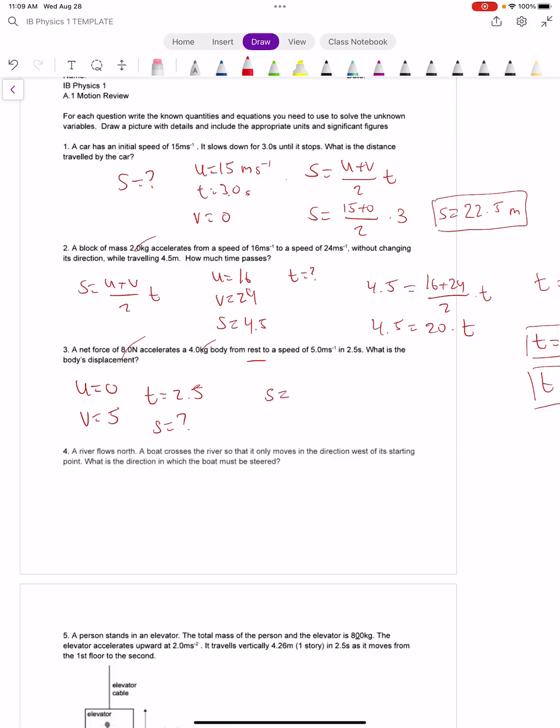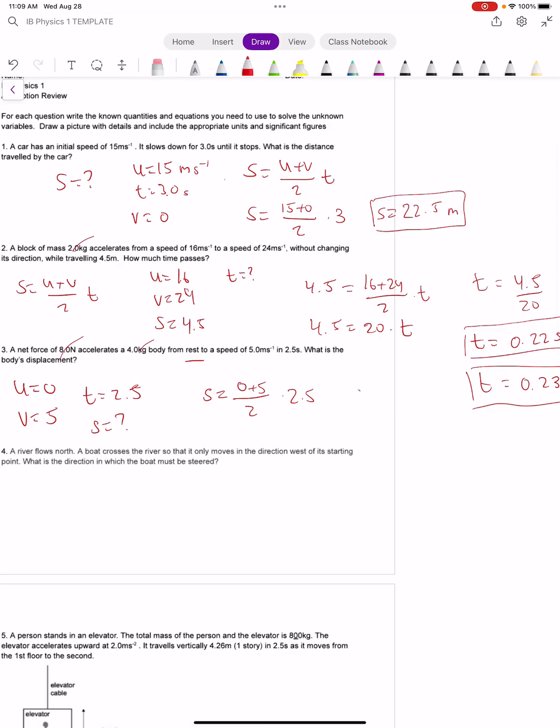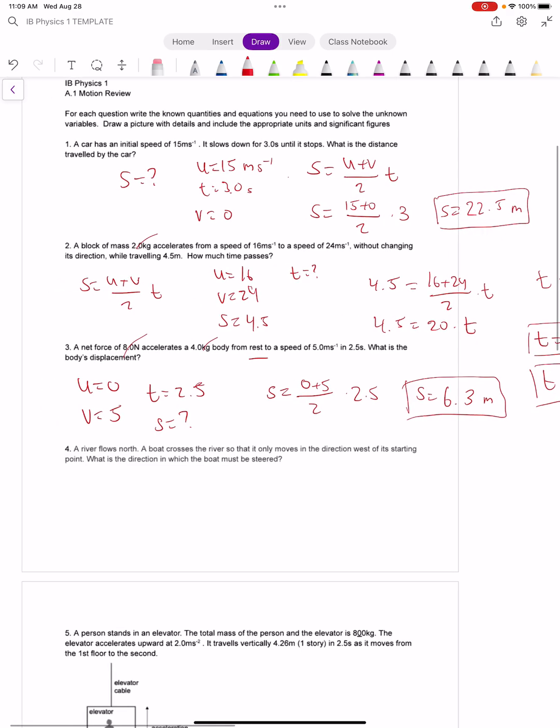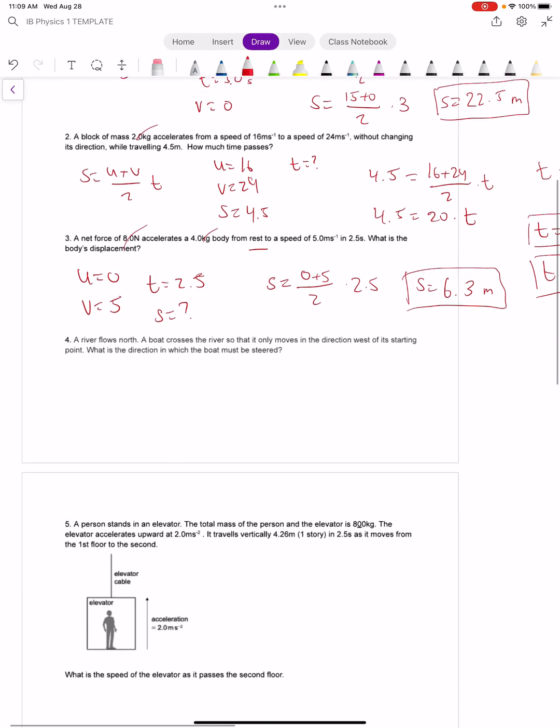We don't know s. We know initial is 0 plus 5 divided by 2 times 2.5. And so s equals 2.5 times 2.5 is 6.25. We're just going to go ahead and round to 6.3, and that's in meters. Because again, if you see, all of the numbers given are in 2 significant figures.